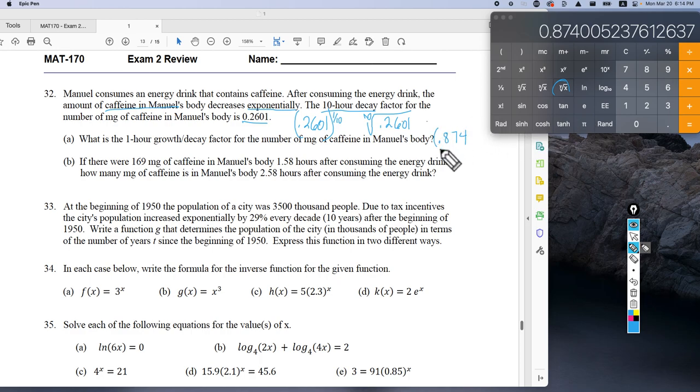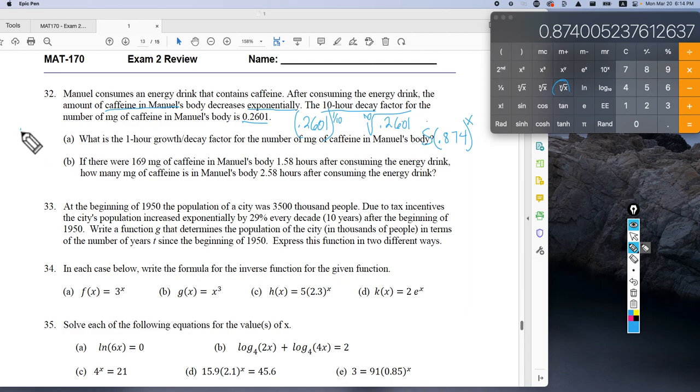So what we're getting at is, I like to use x instead of t, whatever he started with, the starting value, times this. That would be about a 13%, a 12.6% decrease, right?